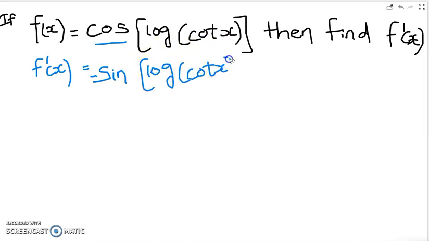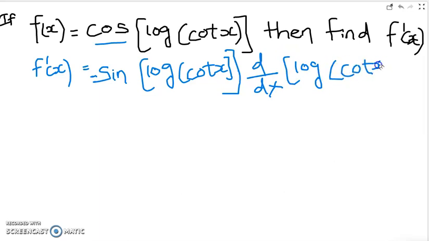Now this x is not there, but log of cot x is there. If here it were x, we would get directly minus sin x. But in the place of x, a bigger expression is there, so again we have to differentiate d by dx of log of cot x. In this way you have to solve.